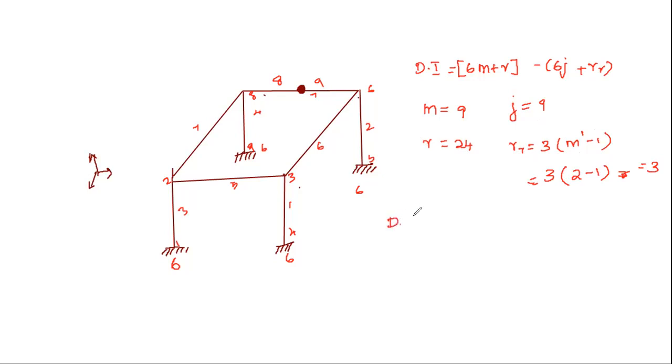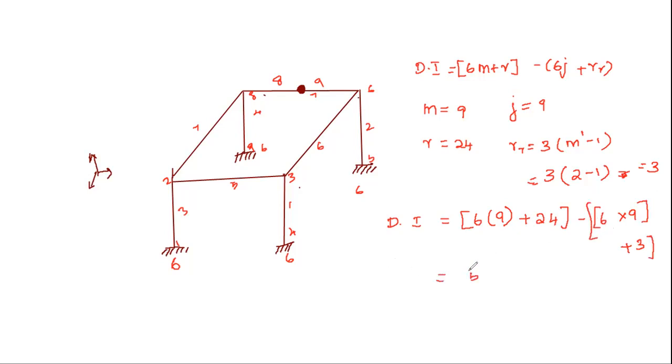So substituting in this formula, di is equal to 6 into m, 9, plus r, 24, minus 6j, 6 into 9, plus rr, 3.